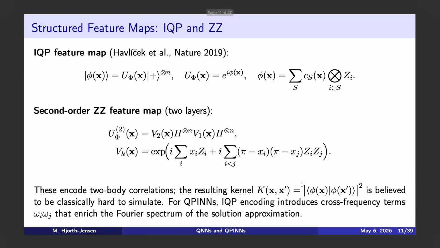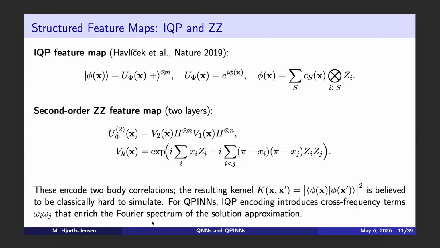And then there's something which is called the structured feature map, which, for Q-PINNs, quantum physics-informed neural networks, for instance, introduces cross-frequency terms that enrich the Fourier spectrum of the solution approximations. So this is something which I have not tested myself. So I would just refer to the literature here, if you're interested in looking at it in more detail.